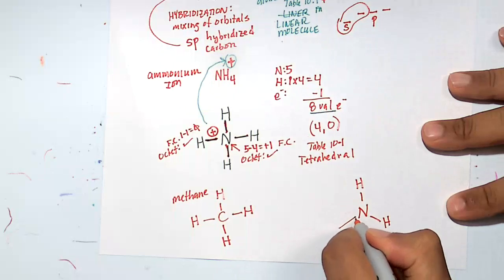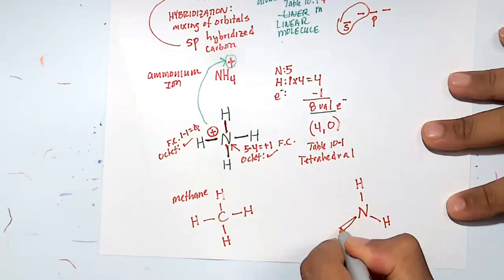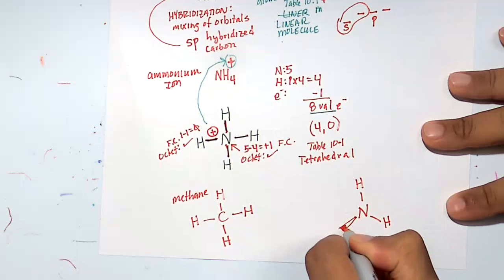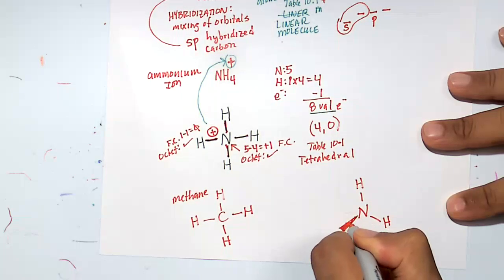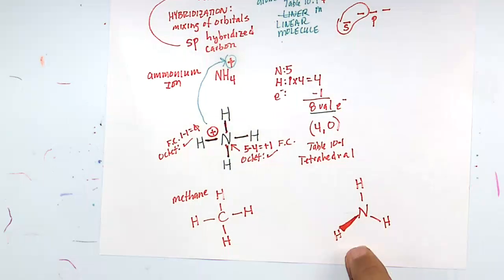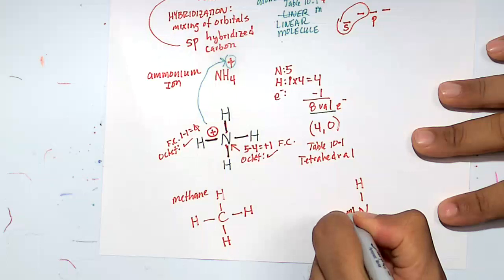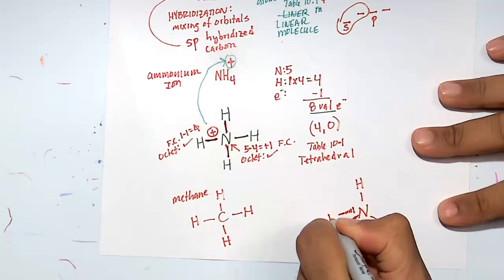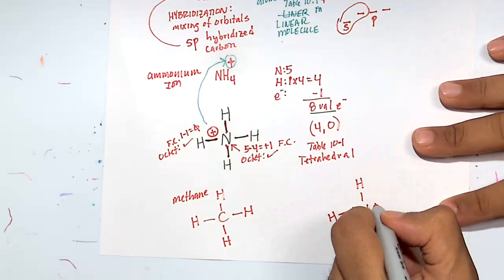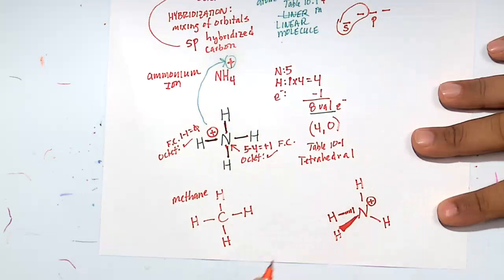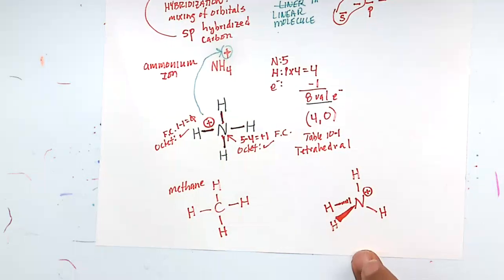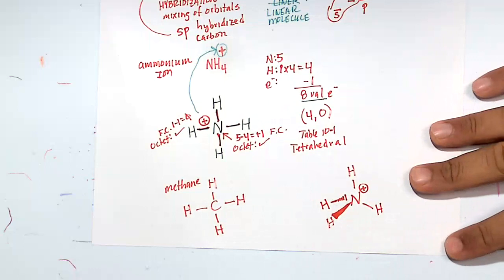I'll have one of the hydrogens come out toward you, which means it's coming towards you guys. And then I'll have the other hydrogen going away from you. And don't forget this has a positive formal charge. So that's how you would draw it in 3 dimensions.